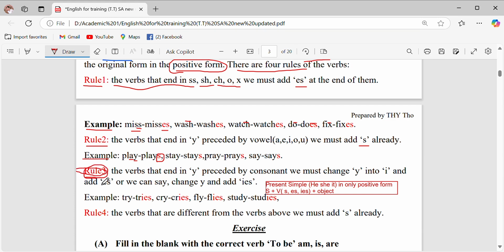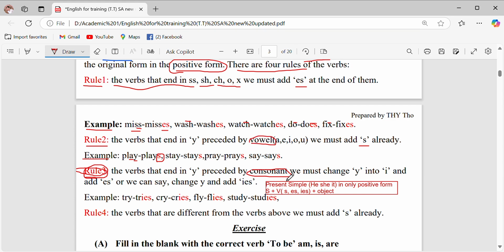Rule number 3 is really important. Why do I say it is important? Please take a look together. The verb that ends in y preceded by a consonant. It's different from this one, which is preceded by vowels, and this one is a consonant.